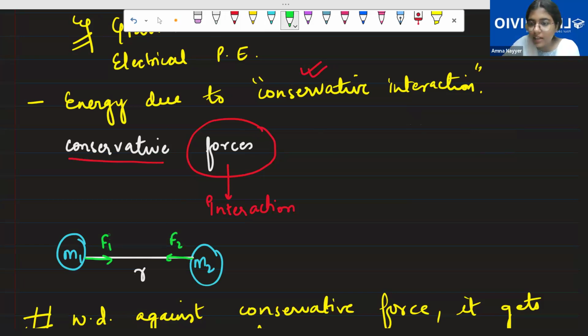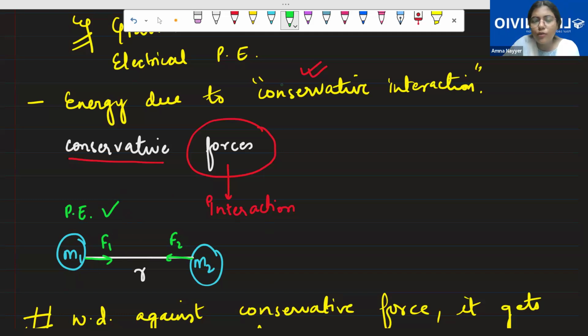F1 will be G M1 M2 by R square, which we'll see in gravitation. Since they both exert forces on each other, there will be a potential energy in the system. This gives you a hint that a potential energy does exist in your system.